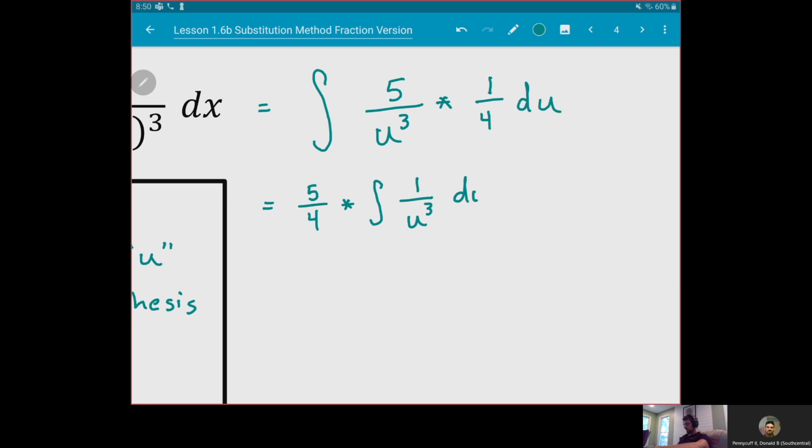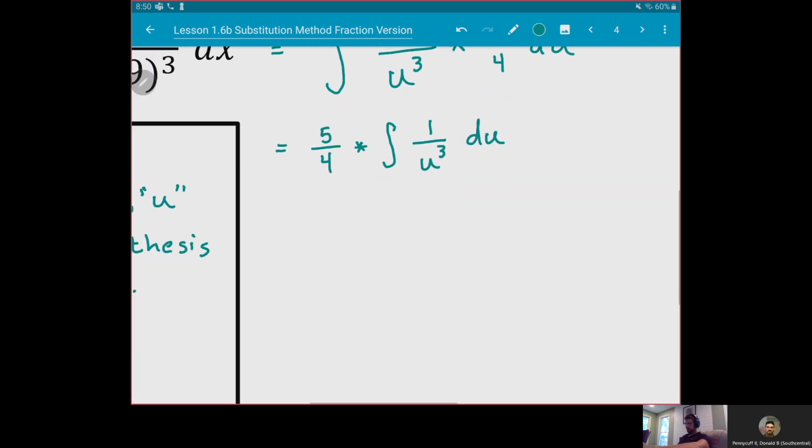And now I have a situation like what I had at the very, very beginning of this particular lesson, where I had a x squared on the bottom. I'm going to move this to the top, and that's going to be 5 over 4 times the integral of u to the negative third.